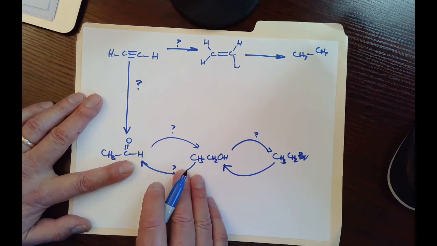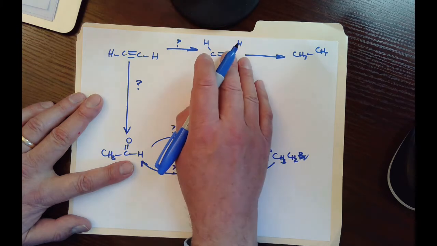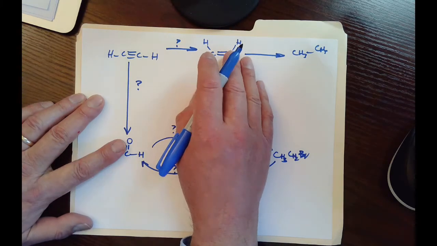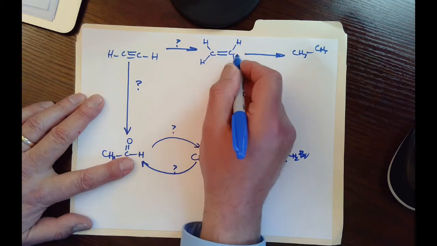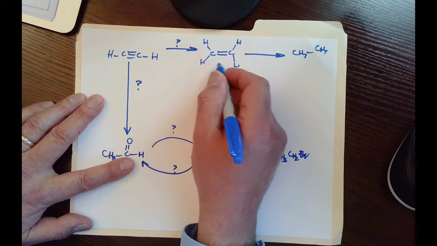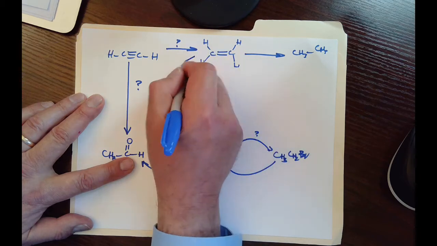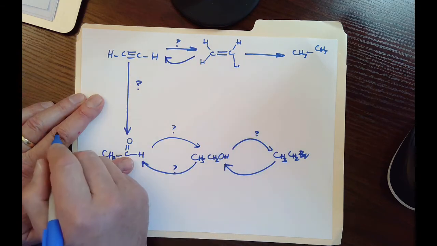So down here, we're sort of having back and forth. And here, the same thing. I forgot about that. So I want you to tell me how to go from this back to acetylene. I forgot about that.